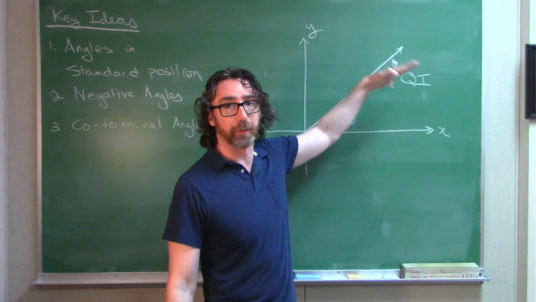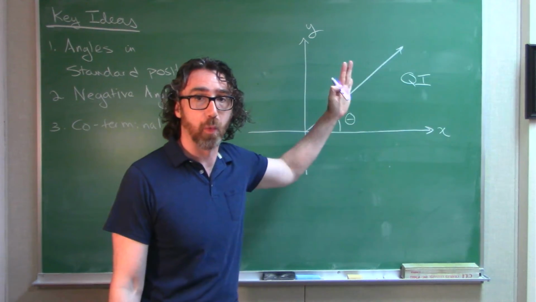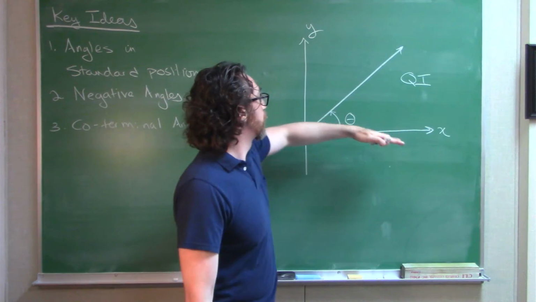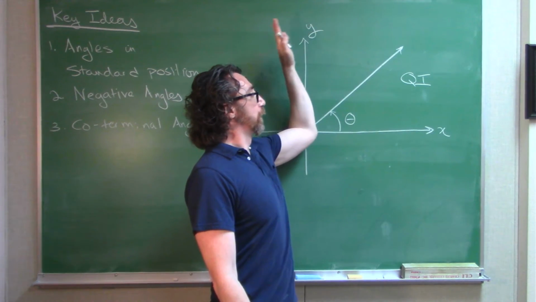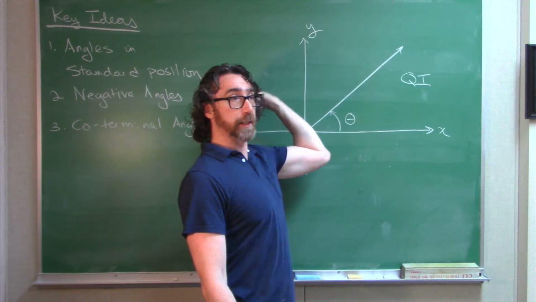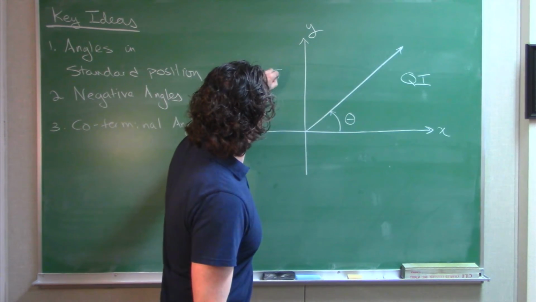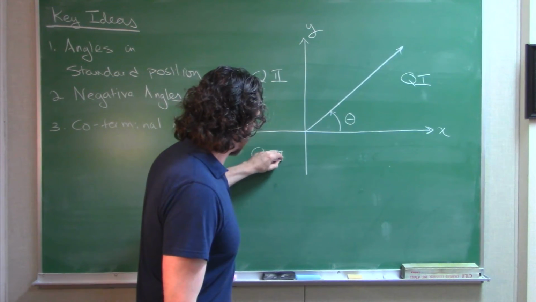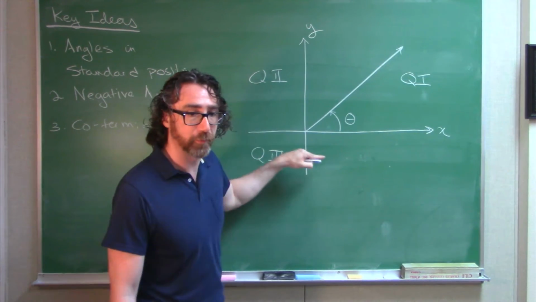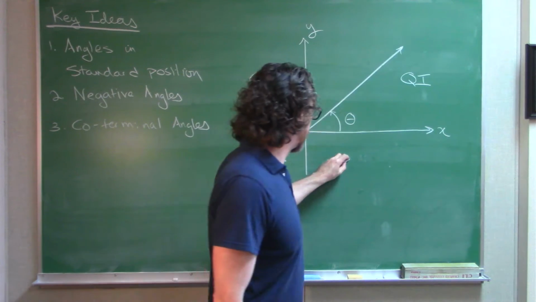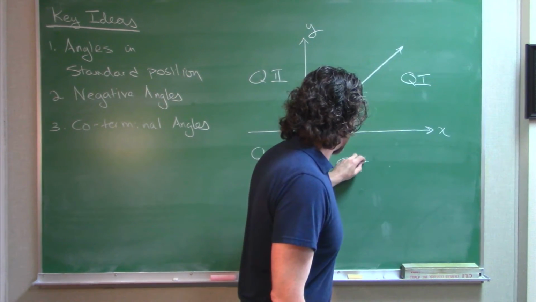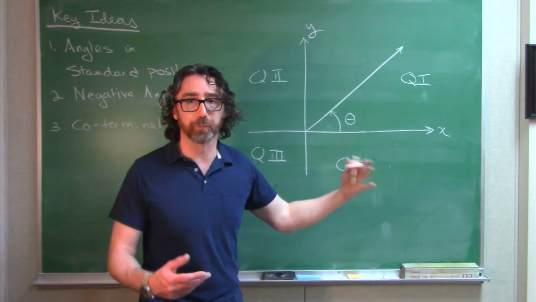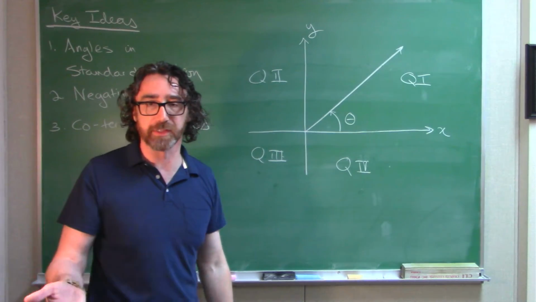Angles between 0 and 90 degrees will land you in Q1. If you rotate past 90 degrees, but don't quite go the full 180, you're going to be in Q2. Quadrant 3, you got to rotate more than 180, but less than 270. And quadrant 4 is angles between 270 and 360.